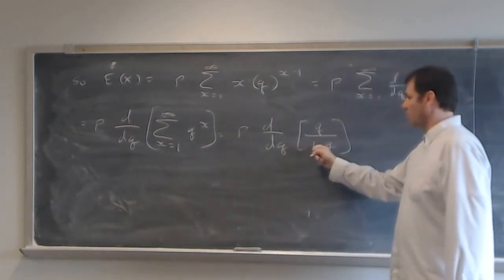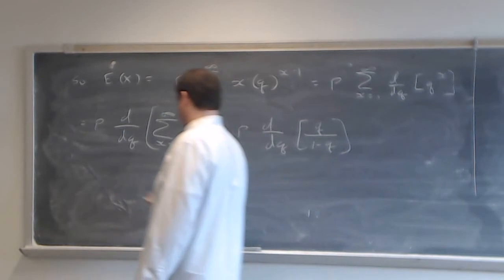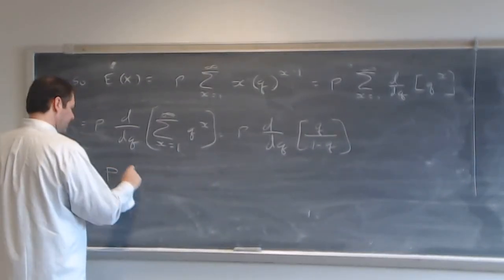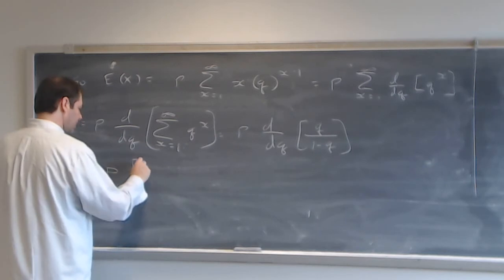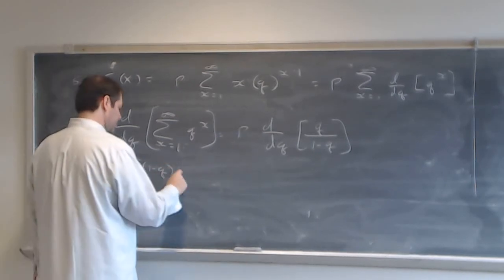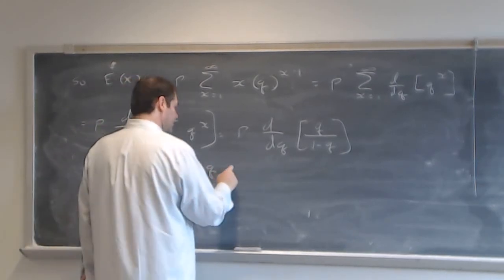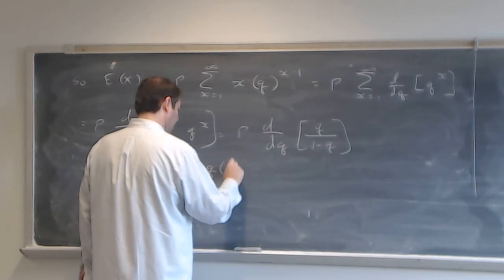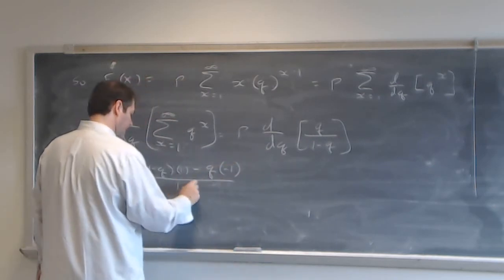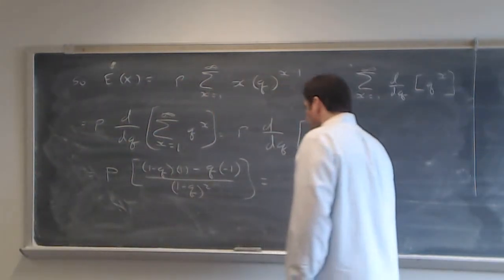That is the first term over 1 minus the ratio. Now I'm going to take the derivative of this, so this is a symbolic proof. This is p times the derivative, and we use the quotient rule: 1 minus q times the derivative of the top with respect to q, which is 1, minus q times the derivative of the bottom, which is minus 1, all over the bottom squared.